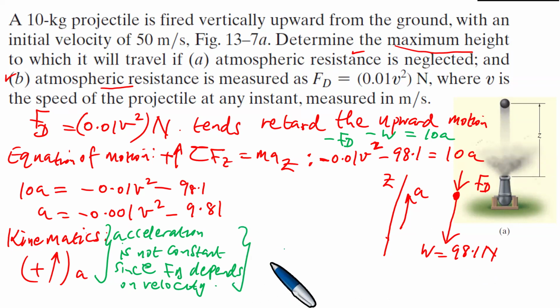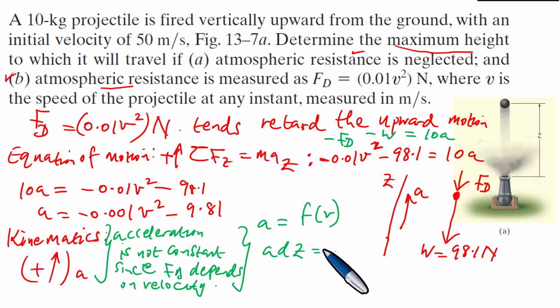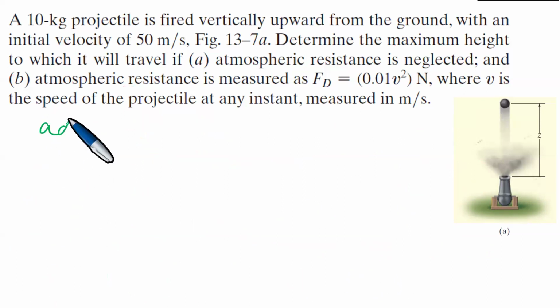Because the drag depends on the velocity, the acceleration itself is a function of the velocity. When the acceleration is a function of the velocity, we use the formula A dz equals V dv.